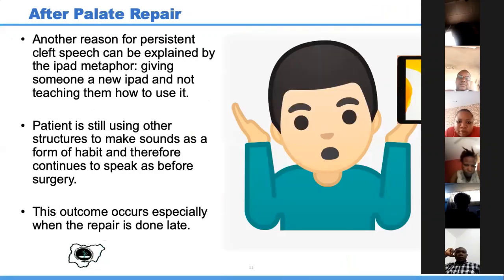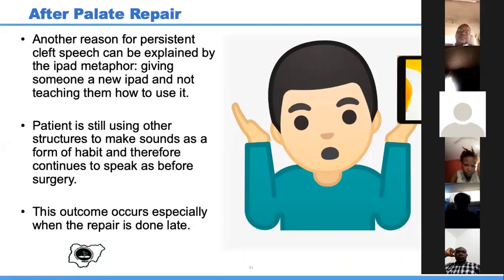Now, another possible outcome is that the palate has been repaired and the repair is adequate, but the individual still continues to have a cleft speech. I will explain this by using the iPad metaphor. Imagine buying someone who has not used a laptop or an iPad before a brand new iPad, a lovely one, a good make. And then you expect the individual to just start using the iPad.